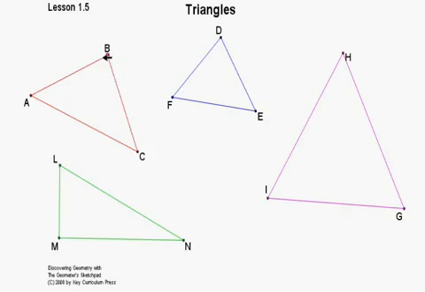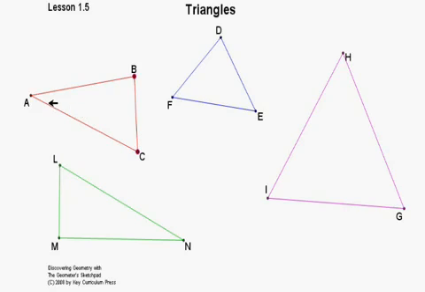I'm not going to tell you what these kinds of triangles are, but I will say that an acute triangle is a triangle that has three acute angles. So if all three angles in the triangle are less than 90 degrees, then we have an acute triangle.